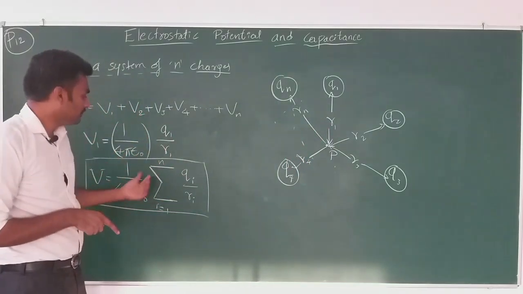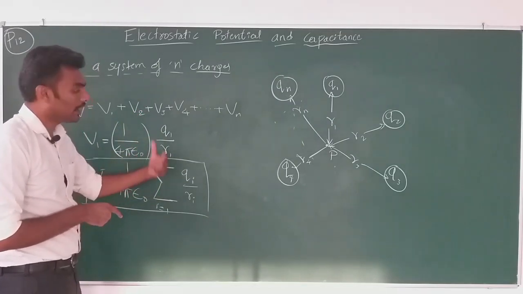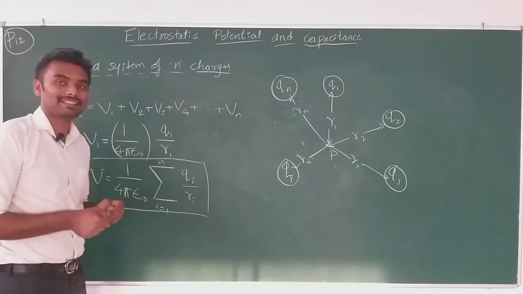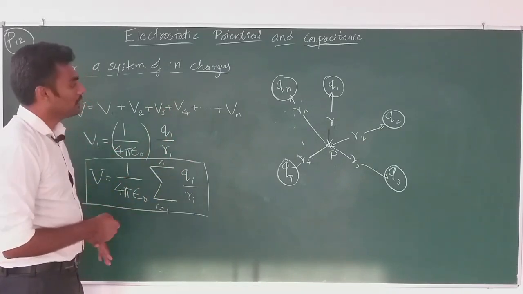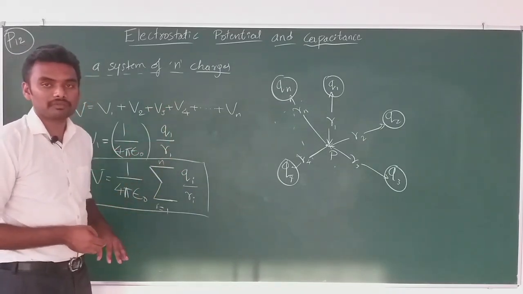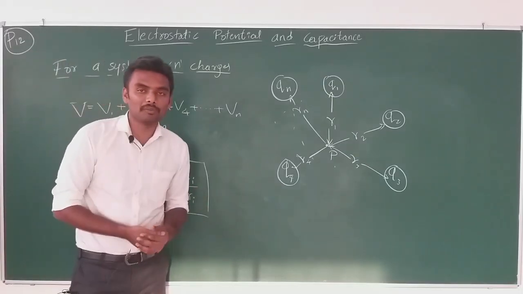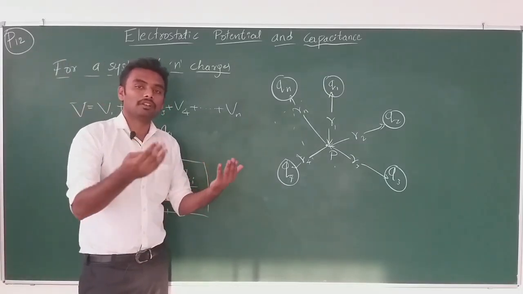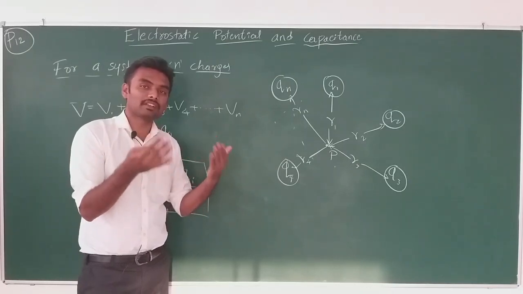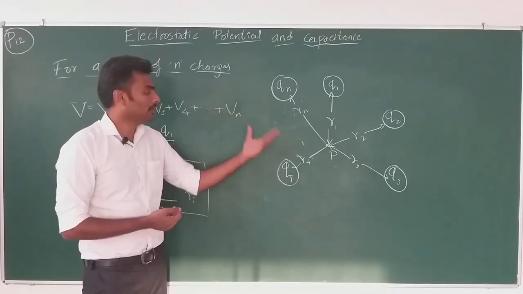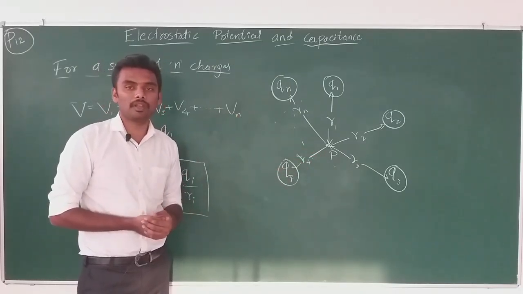So that makes the net potential at point P lesser compared to when both of them are positive. And even the negative charge itself can dominate, and hence we can have a resultant net negative potential at the point P.